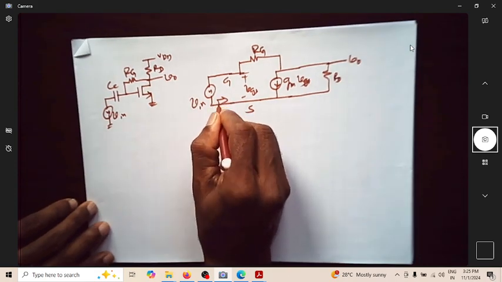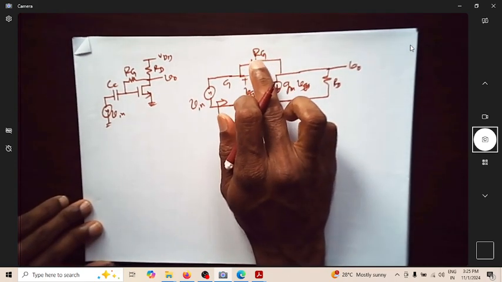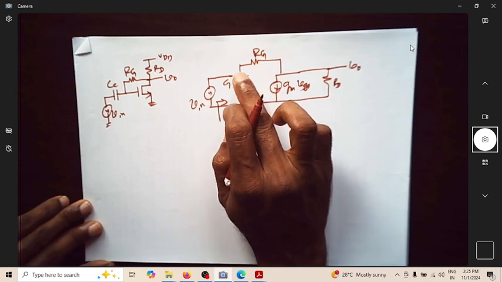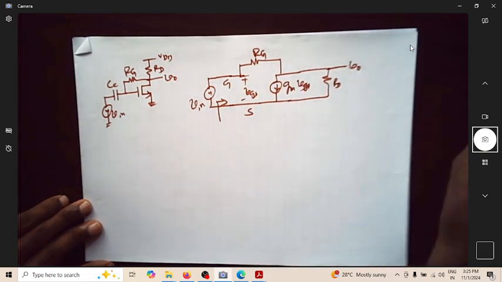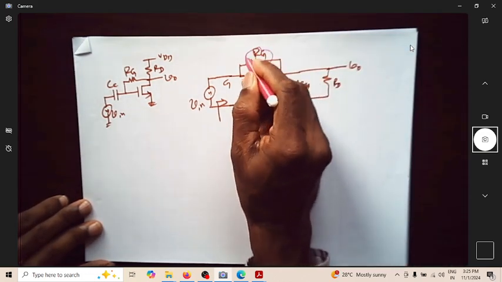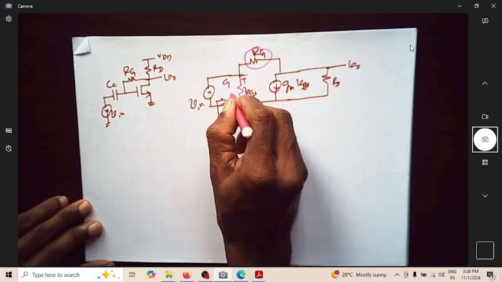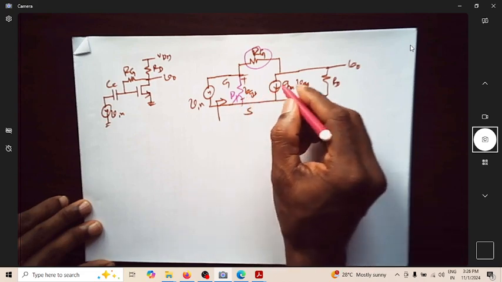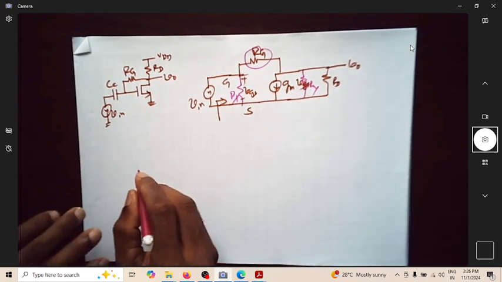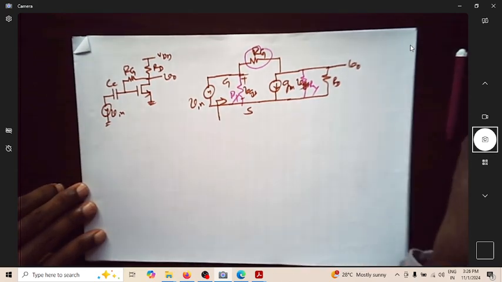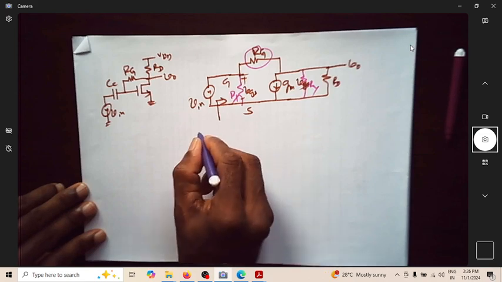So now what is the input impedance? Input impedance is looking into this, but this is a resistance not between gate and source, it is actually between gate and drain. So as we saw in Miller's theorem, I should split this and write one resistance Rx here and another resistance Ry here. Then does this circuit reduce to something like this?